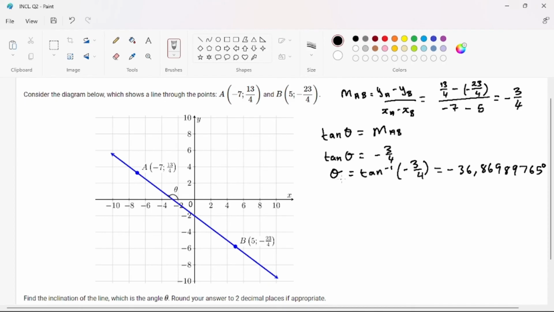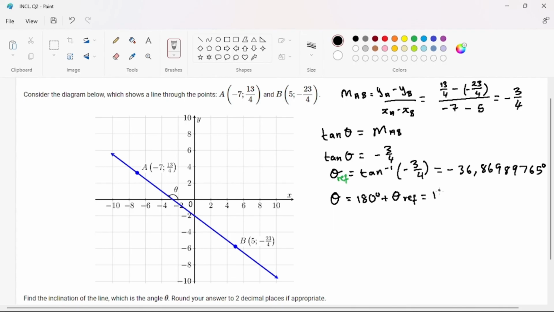When we are dealing with decimal places, guys, we must round off our final answer, right? So what does this mean to us? It simply means that our angle changes from being our actual angle that we are looking for to our reference angle. So our actual angle is going to be 180 plus our reference angle, right?